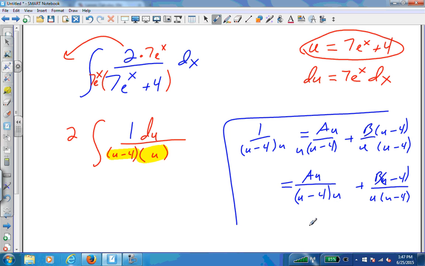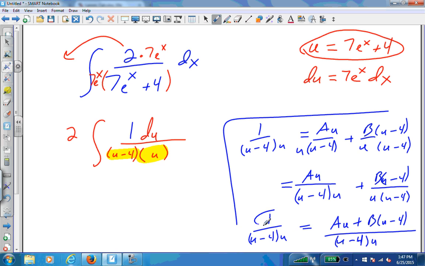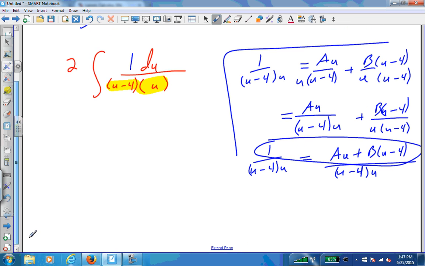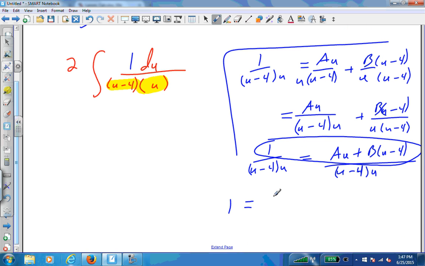Then if we combine those, we get a times u plus b times u minus 4 all over our common denominator, which, notice, our common denominator is the same thing as our original denominator. Since these denominators are the same, then the numerators have to be equal. So 1 and a times u plus b times u minus 4, those are equal.